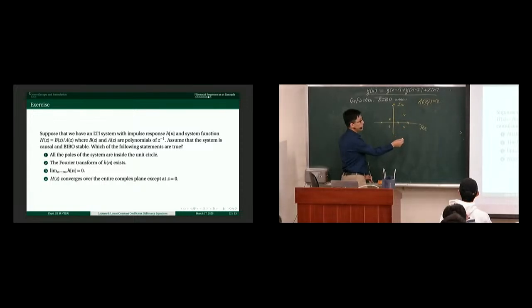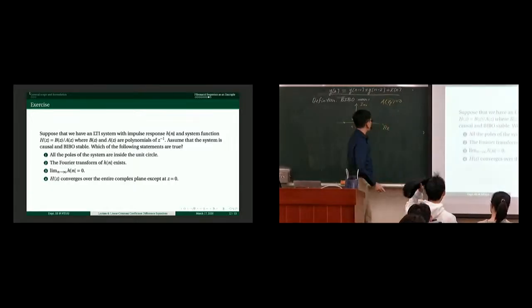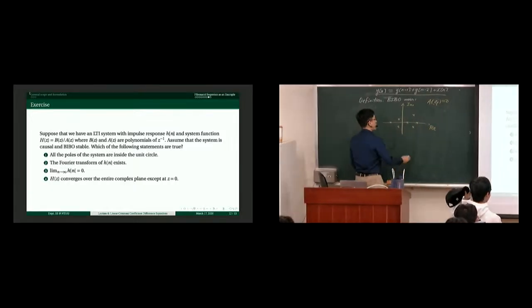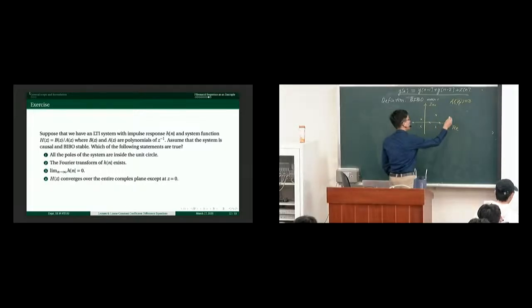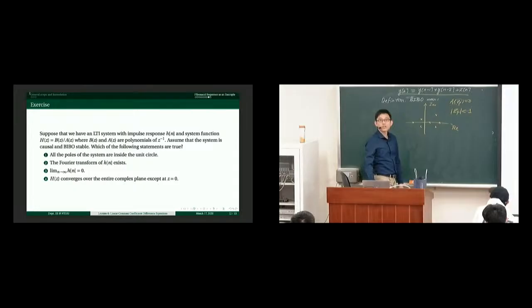If I tell you the system is BIBO stable, that means all the poles are inside the unit circle. Otherwise, the impulse response diverges.